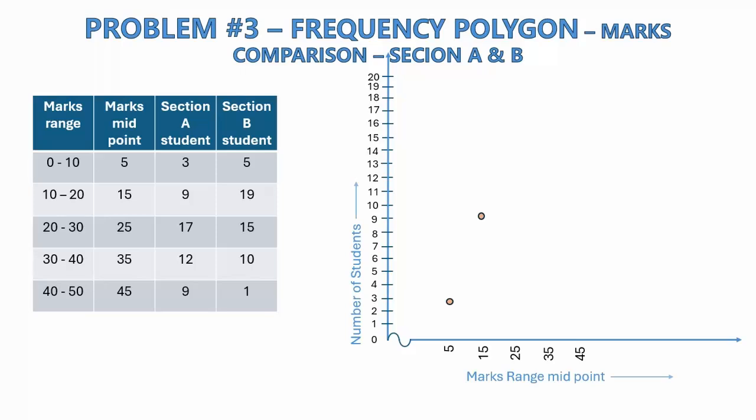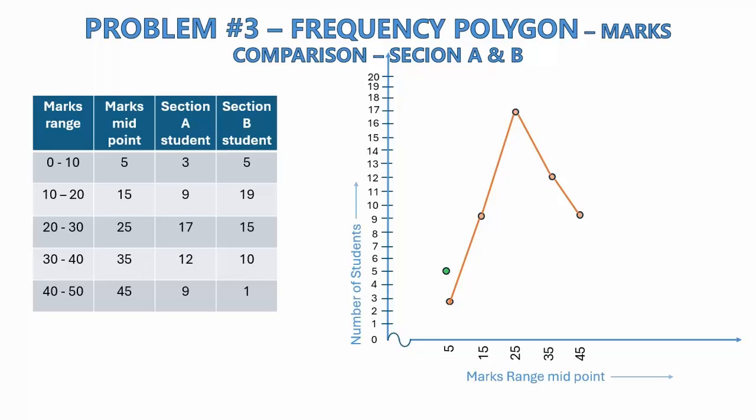Right, for the range which has 15 as the midpoint marks, there are 9 students. Similarly 25, 17. Okay, similarly 35, 12, there are 12 students in this range, and 45, 9. Okay, so the points are plotted. We connect them by lines to get the frequency polygon of section A.